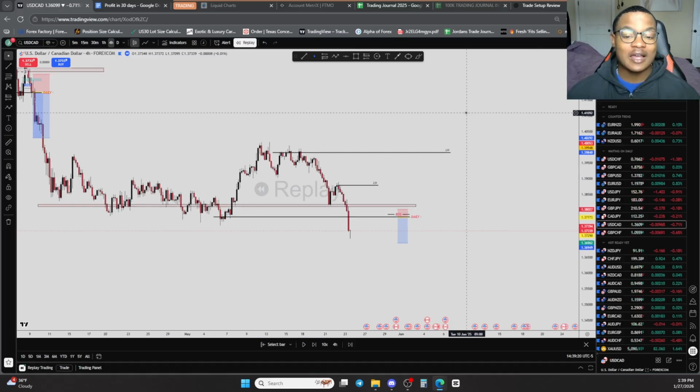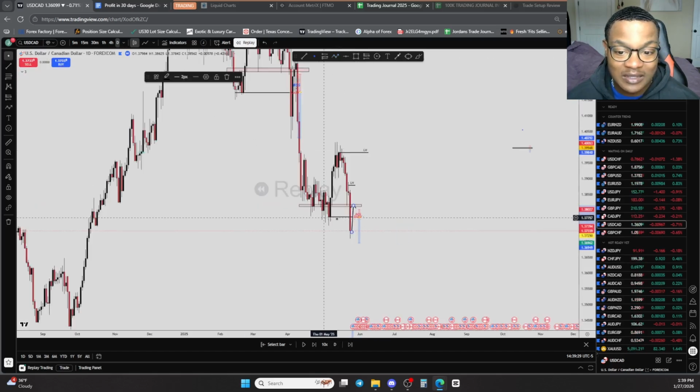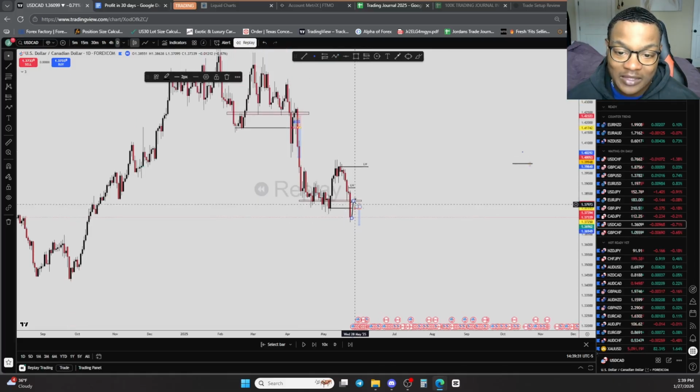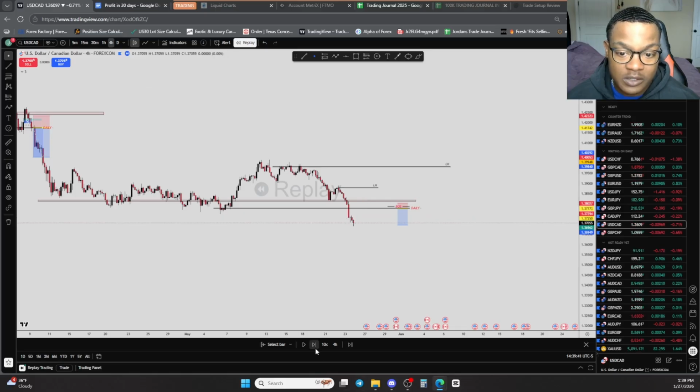Now, what can I expect? I can expect price to have the retracement back towards this recent break of structure, which also allows the daily time frame to pull back into, giving us the break and retest on the daily time frame, which is also allowing us to have the break and retest on the 4 hour time frame. And if I fast forward, what takes place?